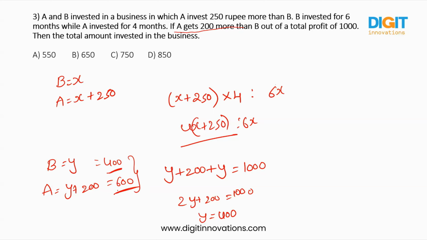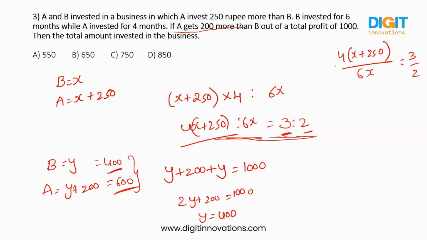So these are the parts, right? So parts which are equal to 3:2. When you take it in a ratio way, A is going to get 3 parts, B is going to get 2 parts. That is the value. Okay. And those are equal to the actual values. Okay. Now we will solve the actual one, 6x by 3/2.